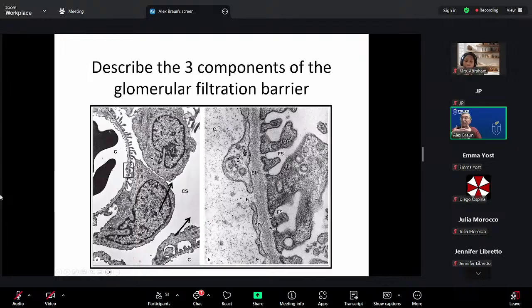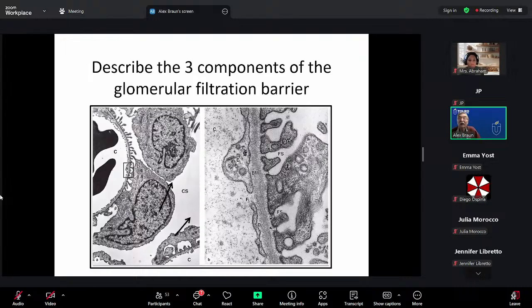So these slit spaces are bridged by a diaphragm, sometimes called a slit diaphragm, which has several important proteins that make it up. If anything becomes abnormal in the proteins making up the slit diaphragm, the glomerular filtration barrier gets abnormally leaky, and these people develop a variety of different types of glomerular problems.